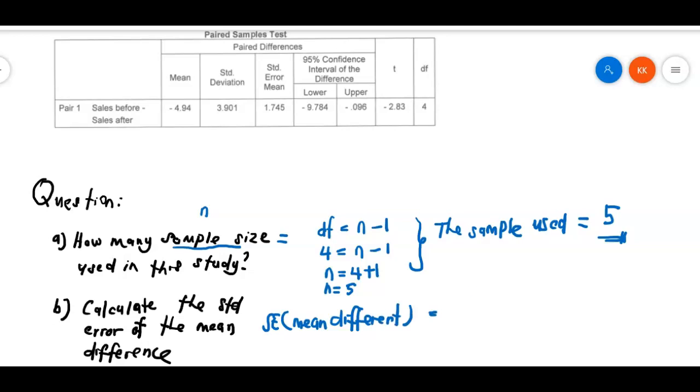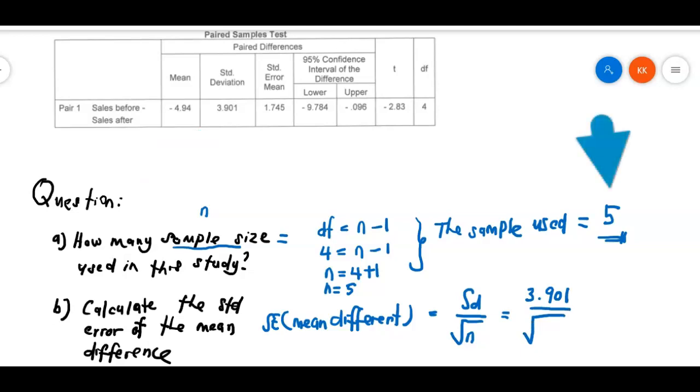Standard error of the mean difference is equal to SD, the standard deviation for dependent t-test, divided by square root of n. So the standard deviation for the mean difference is here 3.901. So we write here 3.901 divided by square root of n. N here is sample size.